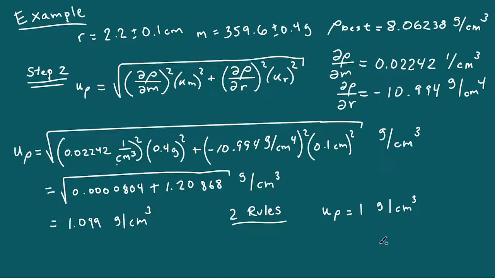The second rule of uncertainty says whatever the smallest digit is in uncertainty, that determines the smallest digit in your best value. And that means that our best value has to be in the ones place. So it's going to equal 8. And so our final answer for this question would be 8 plus or minus 1 grams per cubic centimeter.